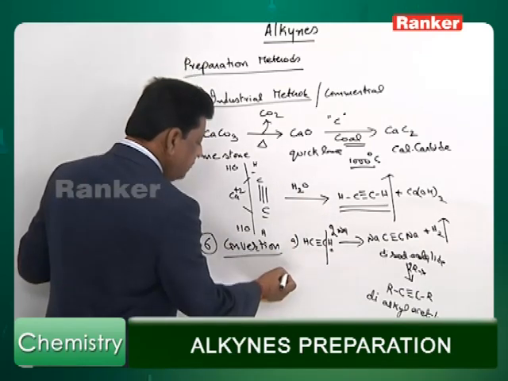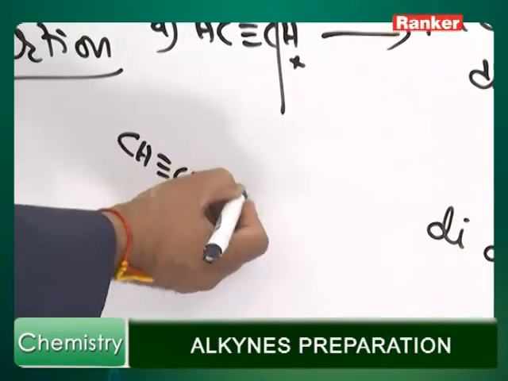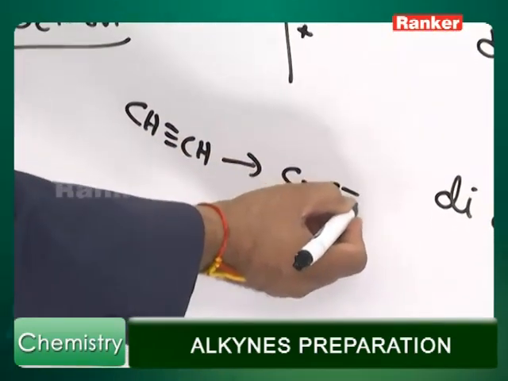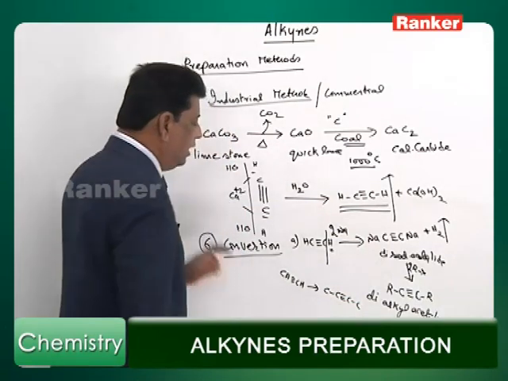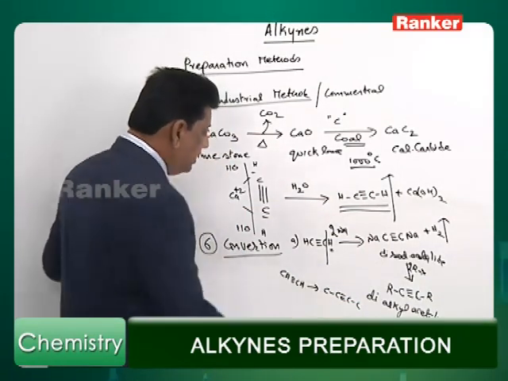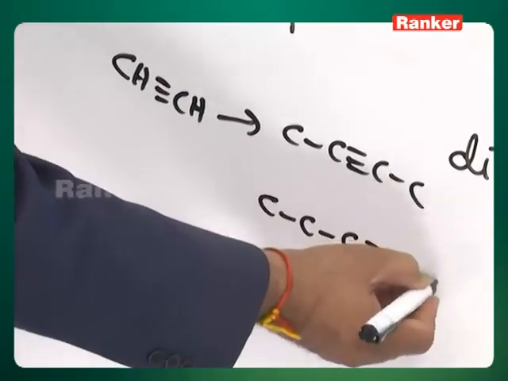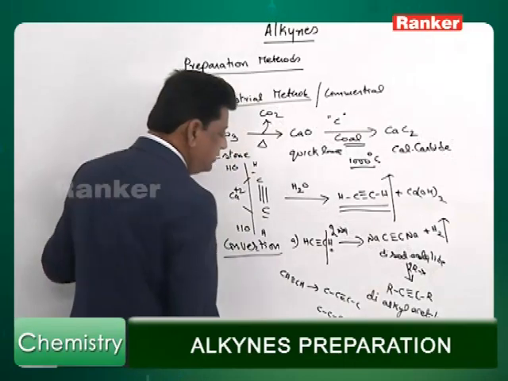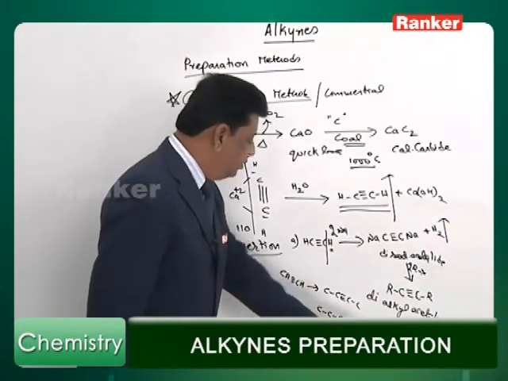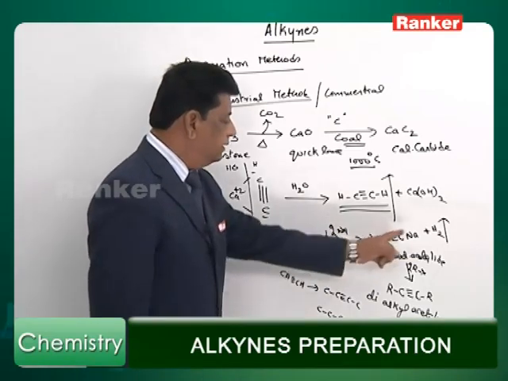For example, if somebody asks how to convert acetylene into 2-butyne, that means the R's are methyls. This is 2-butyne. Similarly, 3-hexyne, all symmetrical type, with ethyl groups on both sides. So, what you do is first add sodium, you will get disodium acetylide.